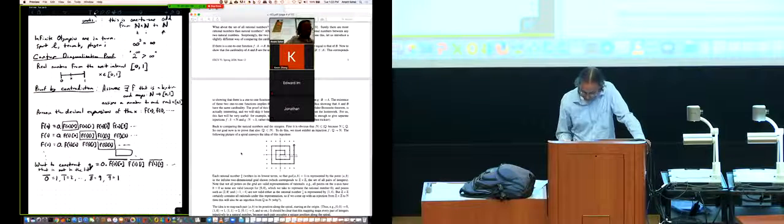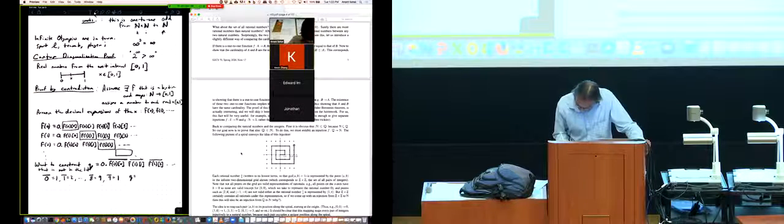So if I do this operation, what is Q? Q is the sum from i equals 1 to infinity of 2 to the minus i times f of (i minus 1), bracket (i minus 1), bar.